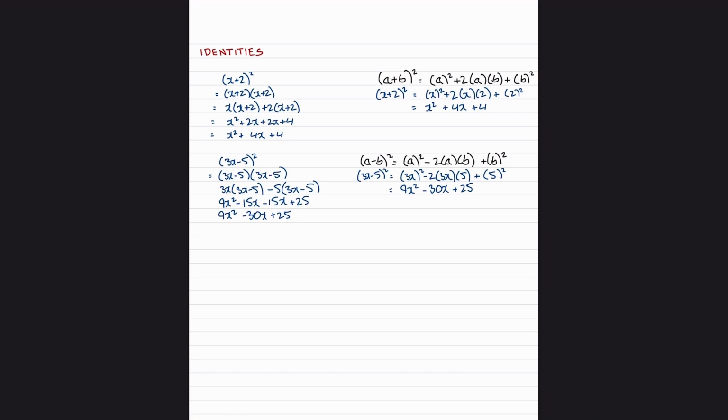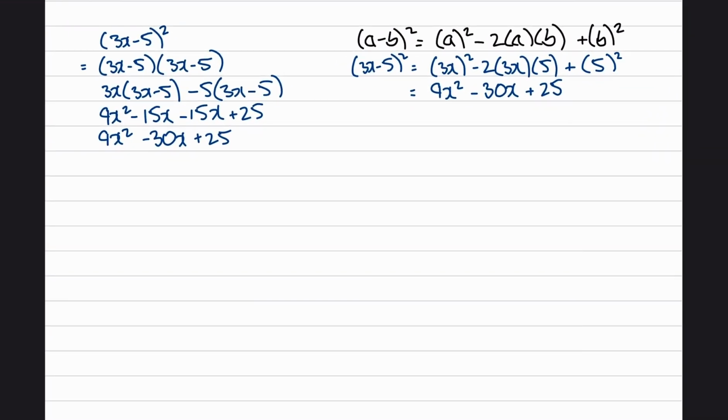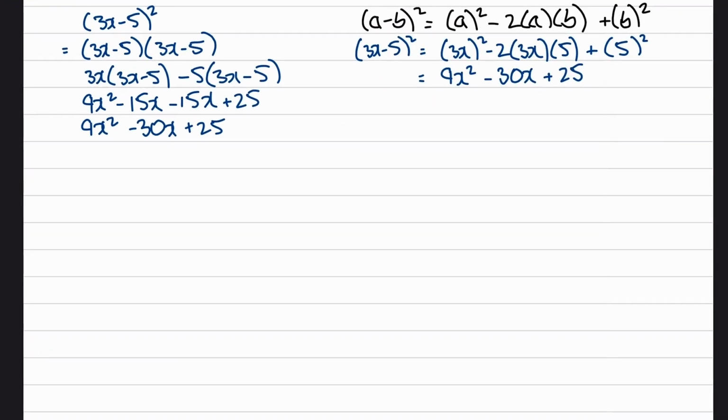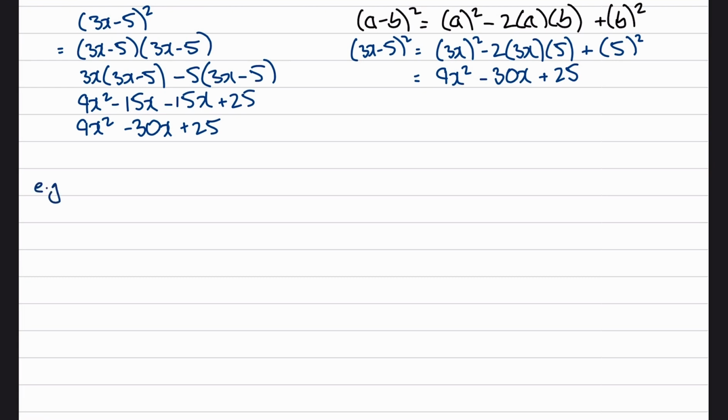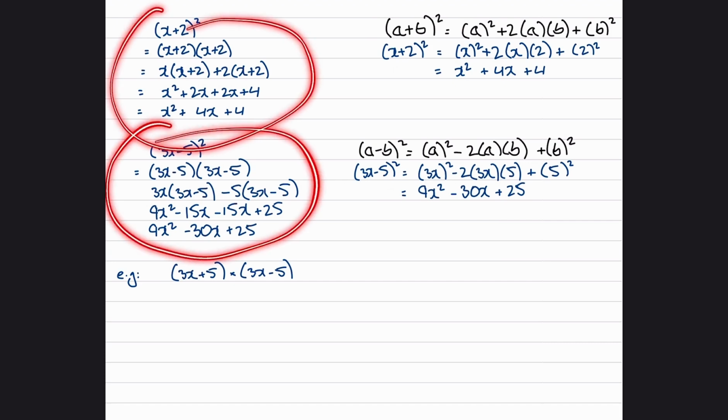Now there's also a third identity, which is to multiply brackets which have the same terms but with different signs. So for example, if I had 3x plus 5 multiplied by 3x minus 5, how we normally do it would be the same way we've been doing this and this.